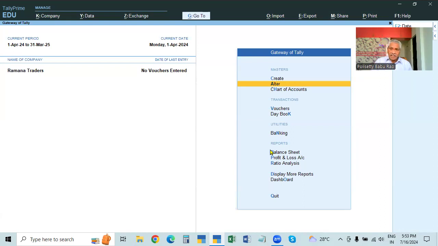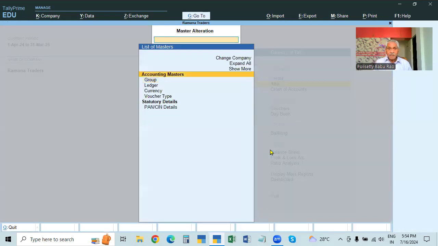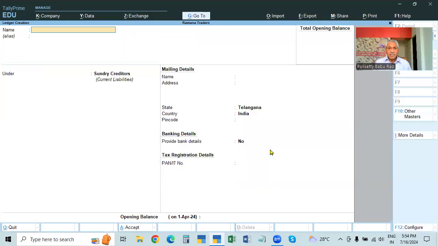You will get the same page there also, but during the voucher you are making the creation, we are creating the ledger.